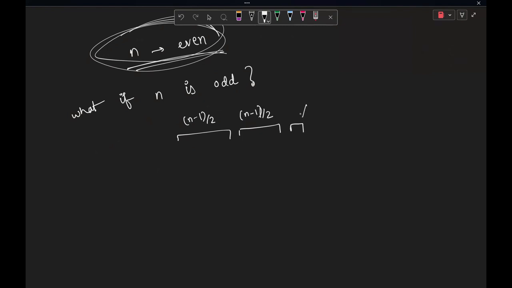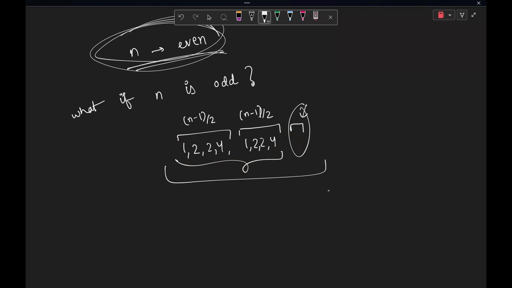Then you will have to pick up another character. Let's say you pick up 1, 2, 2, 4, and then 1, 2, 2, 4. Then you will have to pick up a new character. The XOR of all these elements is 0. So whatever character you put up, you will get the XOR of the whole array to be greater than 0, basically not equal to 0, right?